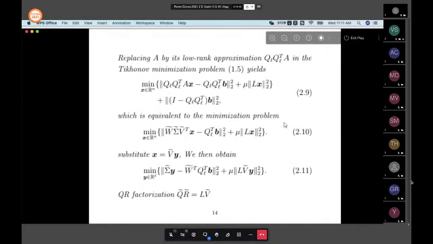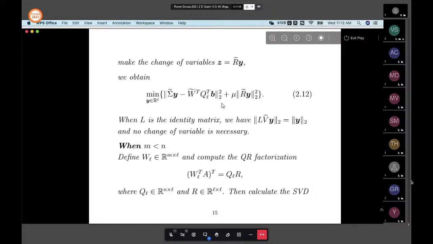And this minimization problem is equivalent to this simplified minimization problem, and with a substitution of the approximated solution and the QR factorization, we arrived at this low dimensional minimization problem 2.12.